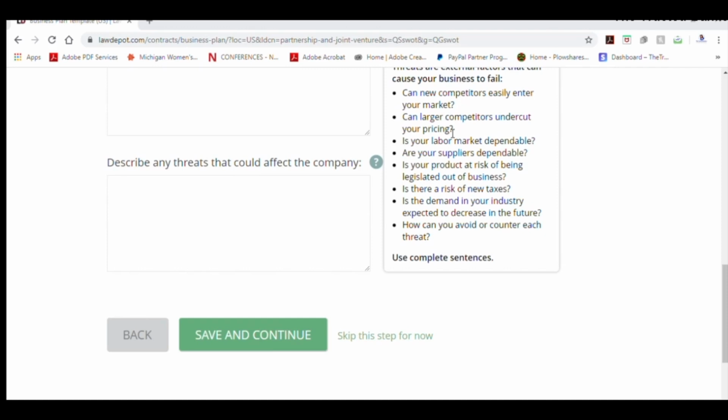So will you have any exclusivity, any exclusive rights in your market? Is your labor market dependable? Are your suppliers dependable? Is your product at risk of being legislated out of business? So that's where the law comes into play. We want to make sure that you're not in an industry that is about to be outdated or dismantled or deregulated.